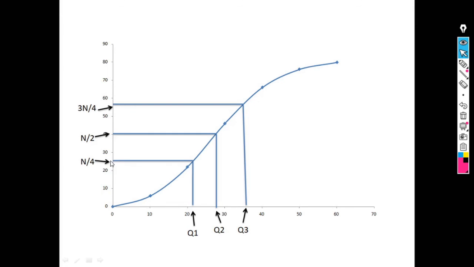From these points we draw lines parallel to the x-axis which meet the ogive curve. From these points of intersection we draw perpendicular lines to the x-axis, and the points where these meet the x-axis are the values of Q1, Q2 and Q3. In this way we can find quartiles using the less than type ogive curve.